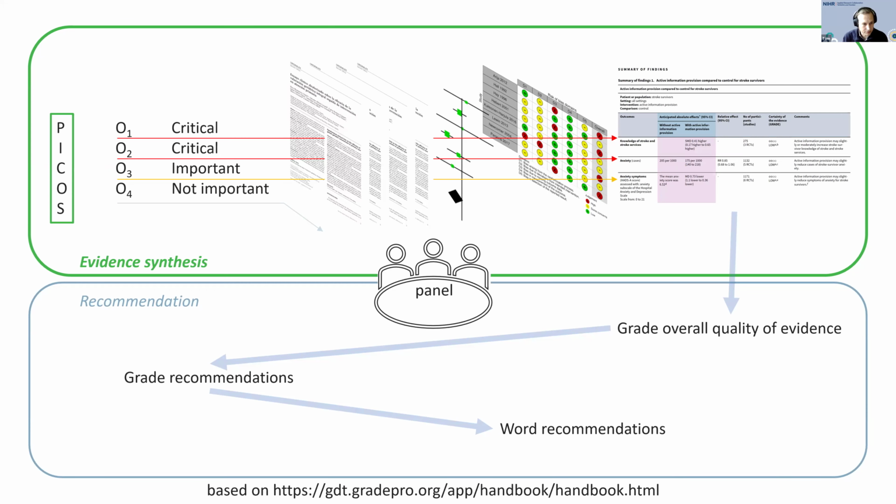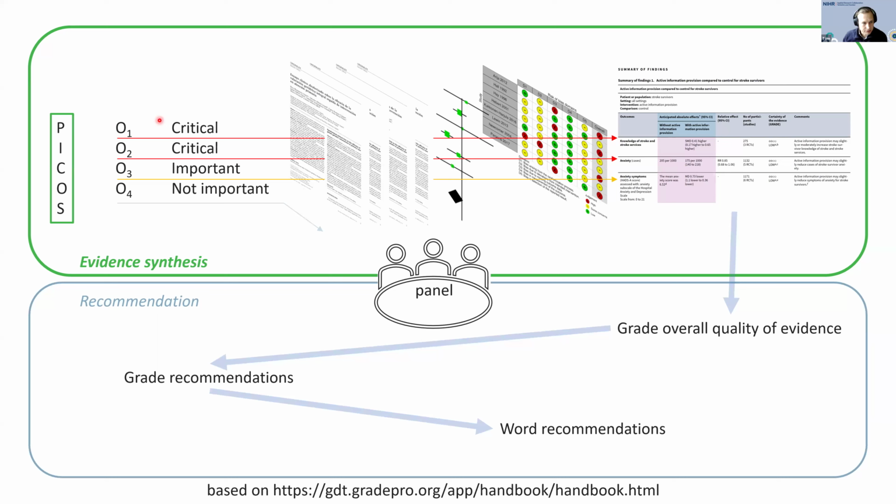The top green box is the evidence synthesis part, the systematic review part, which we're going to be talking about today, and the bottom box is about the guideline recommendations element, which I'm not going to be talking about. So we've got our PICO or PICOS with the study design as our criteria.